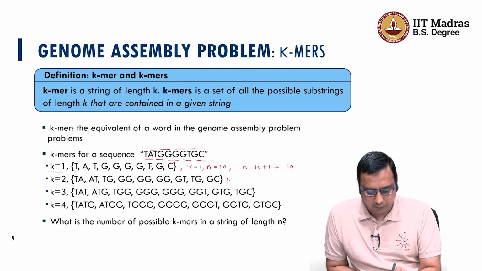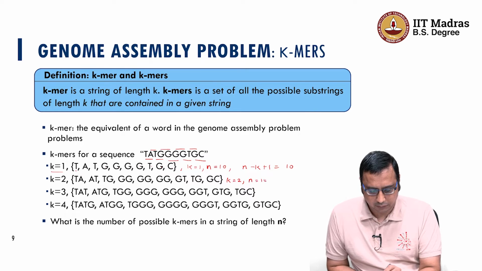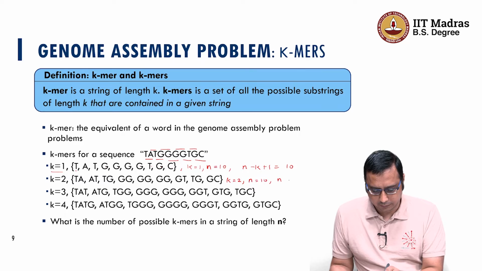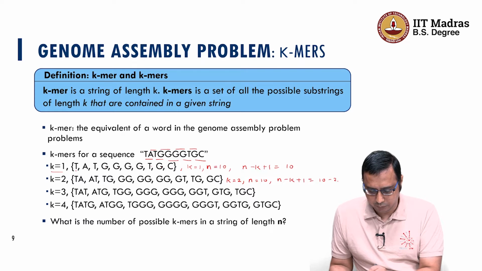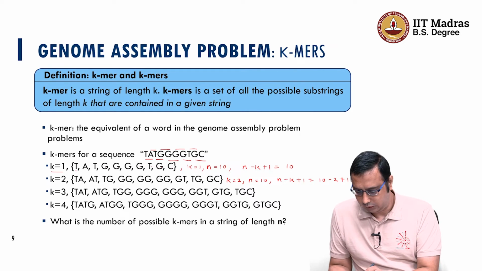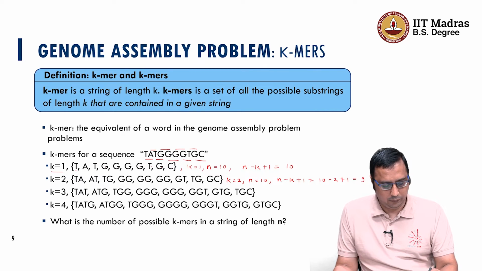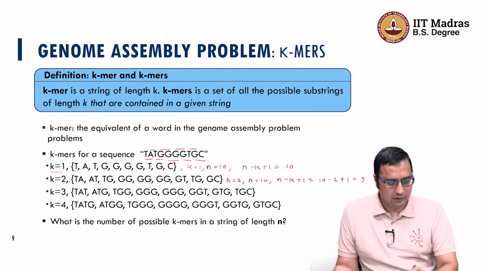Similarly, for k equal to 2 and n equal to 10, n minus k plus 1 is 10 minus 2 plus 1, which is equal to 9. We have 1, 2, 3, 4, 5, 6, 7, 8, 9, so we have a set of 9 2-mers.